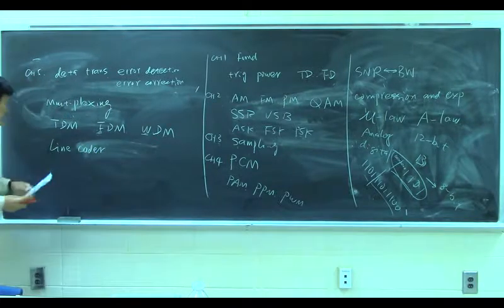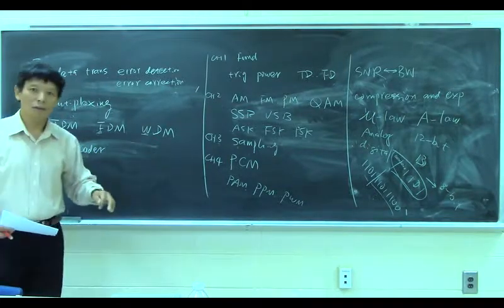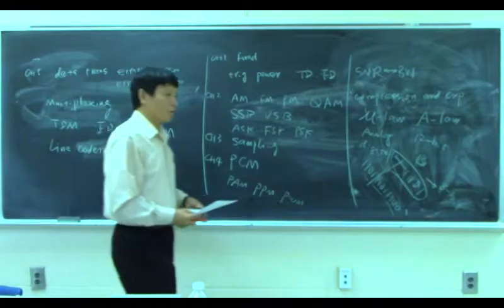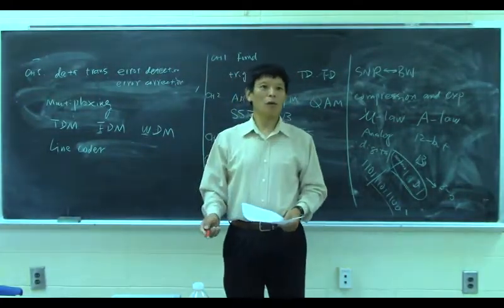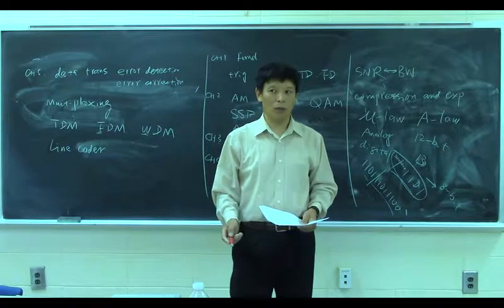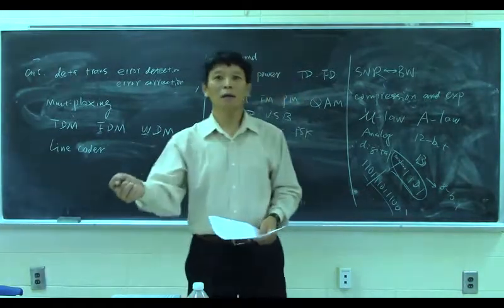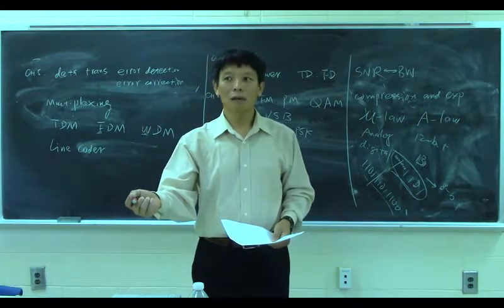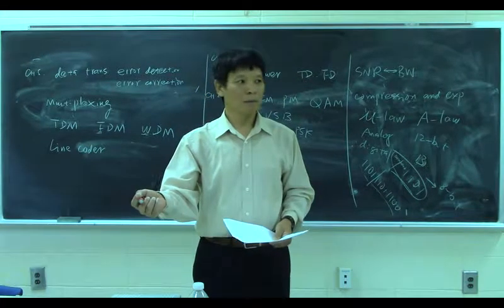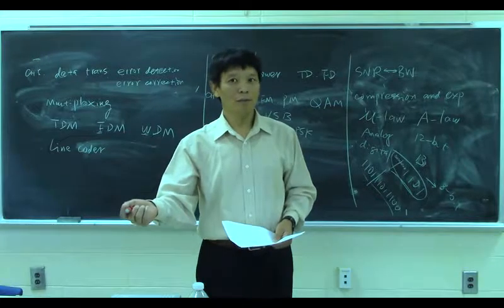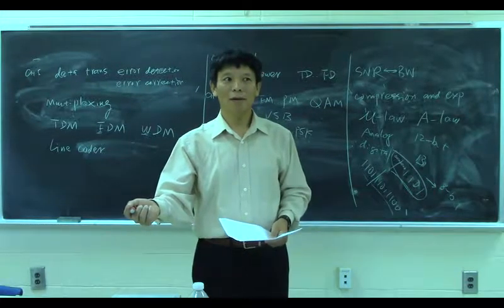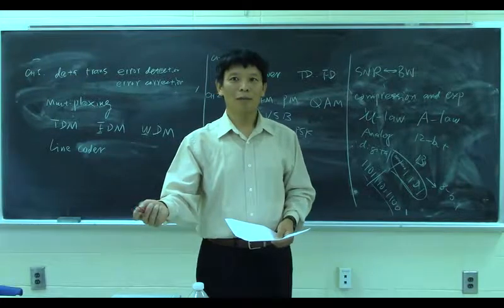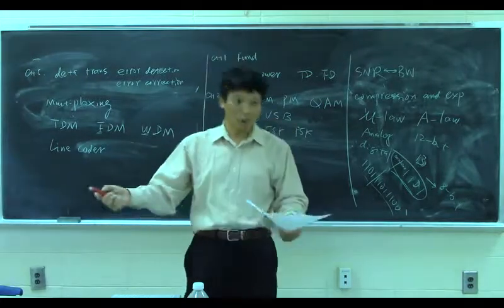Next concept is line coders. For example, 1011. How are you going to transmit 1011? How to represent 1 in digital? 5 volt, yes, okay.